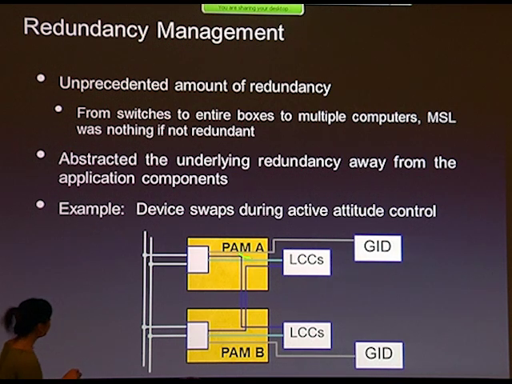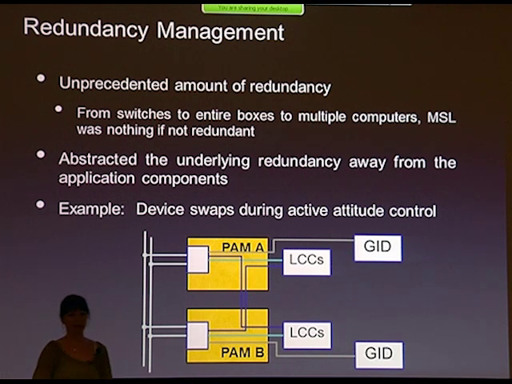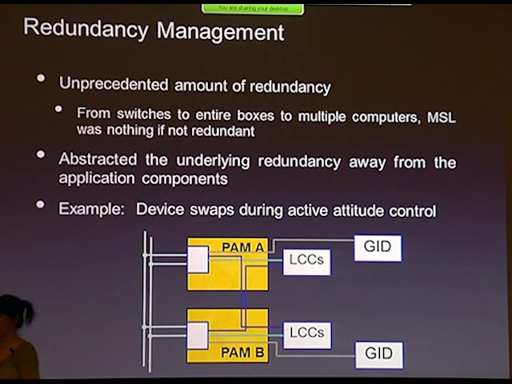All the configuration that was on this PAM, you now have to put onto this PAM. That's all handled by the lower layers. The higher layers didn't have to see any of that detail. It was all abstracted away. That made our jobs a lot easier. Push down the redundancy, push down the complexity, make the higher level components really agnostic to what's happening at the lower levels.